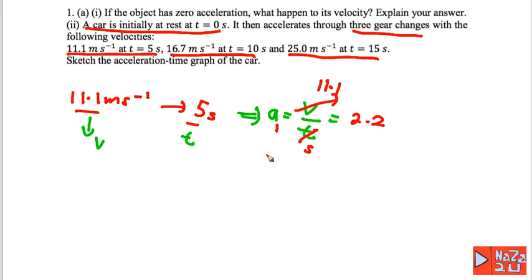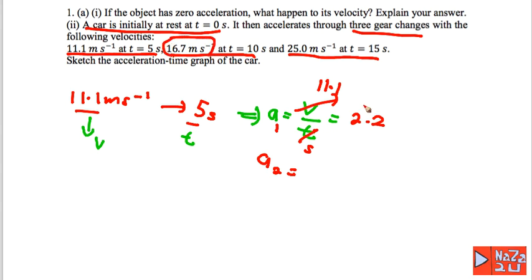And the second gear. The object accelerates after 5 seconds, and at t equals 10 seconds the velocity of the car is 16.7.